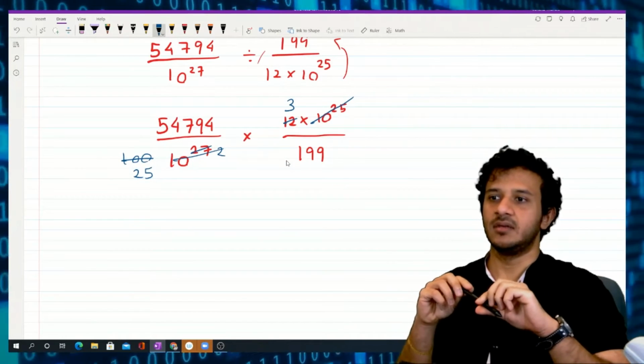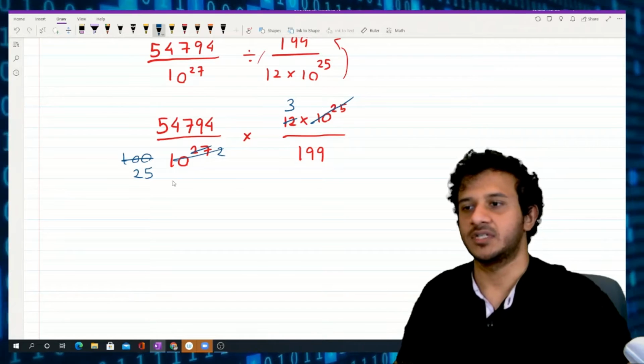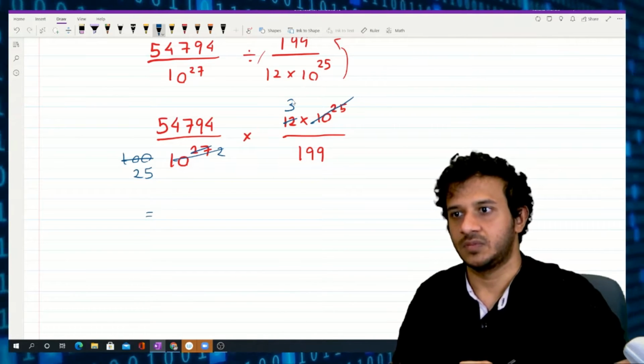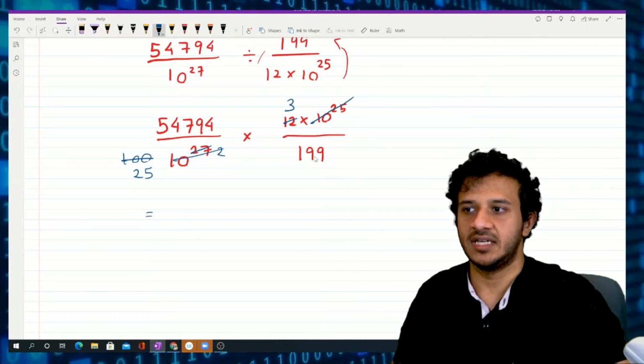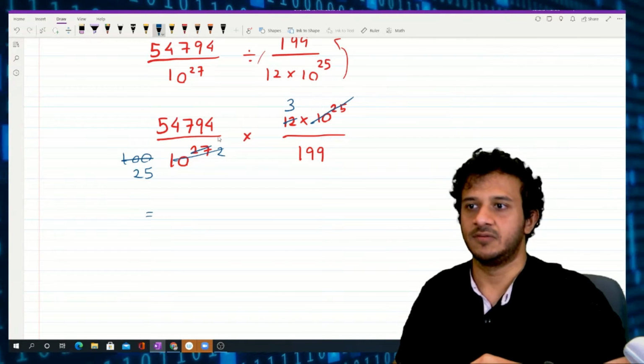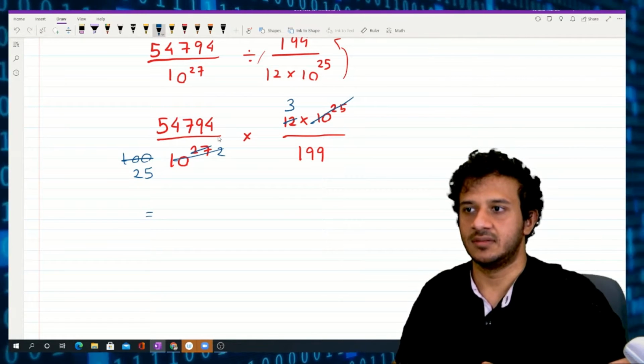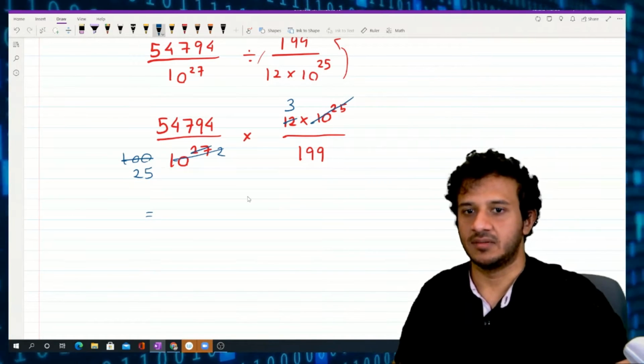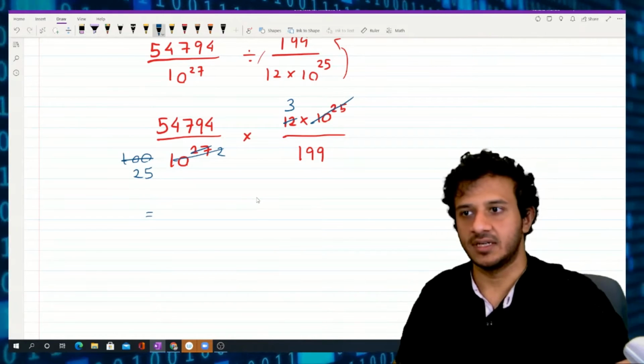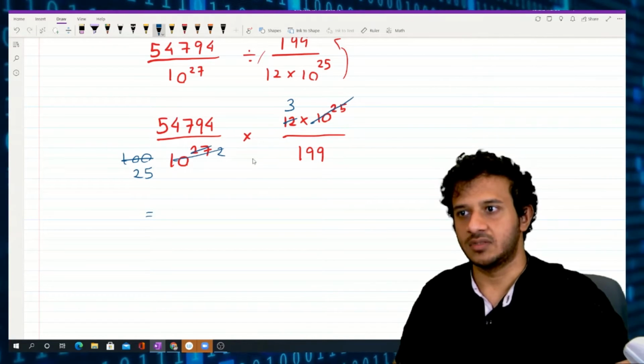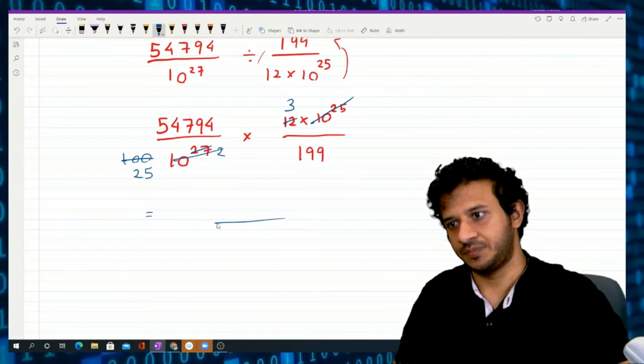So then I will write it as a fraction. I'm not sure whether the 199 times table will go into 54,000 or whatever it is, but they're not asking me to totally simplify it, I guess. So let's multiply it and write it as a fraction.